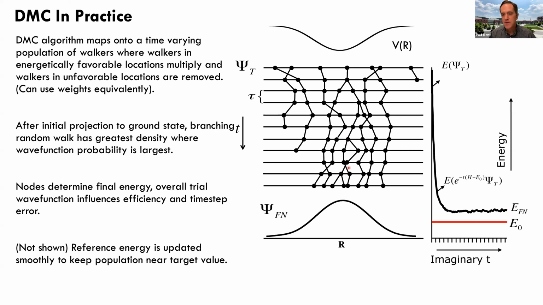And this then means that over time, we're going to have more walkers in more favorable positions, and hence project out to the ground state and ground state properties. So to note here, because of the fixed node approximation, it's going to be the nodes that determine the final energy we get, but we are still going to care about the overall trial wave function because that's going to affect the efficiency.